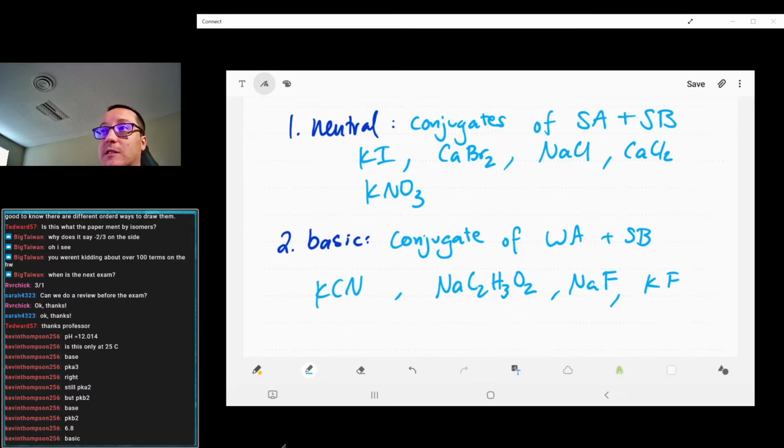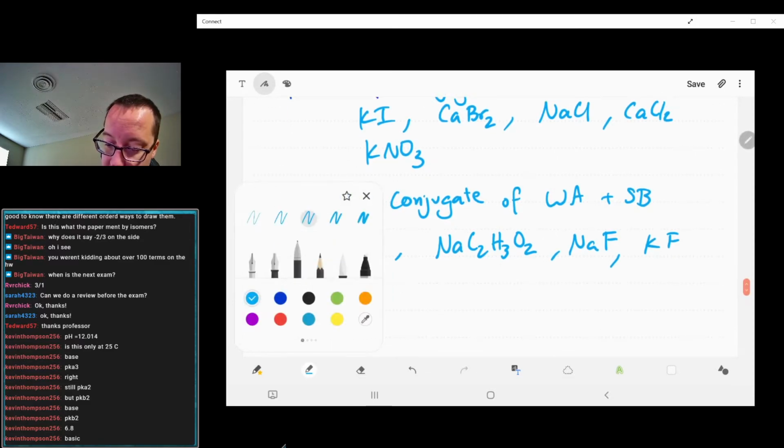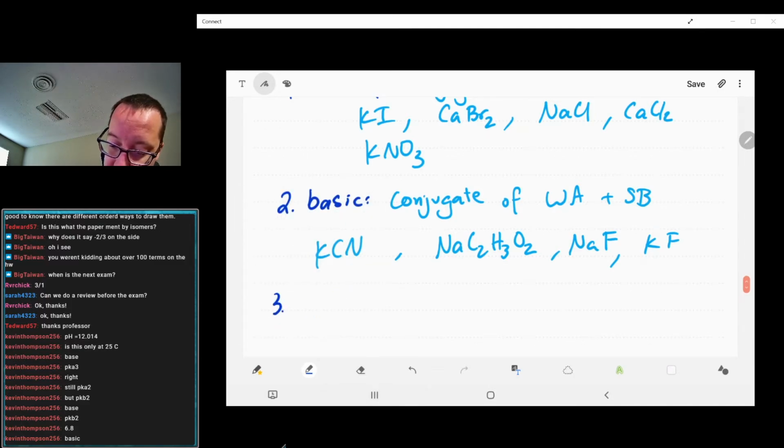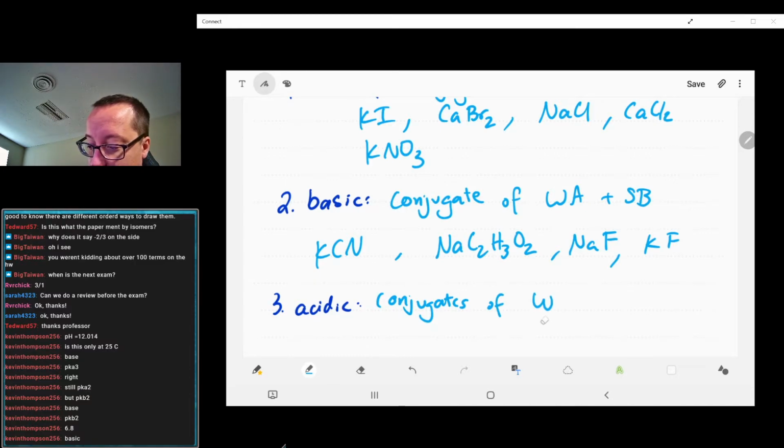So if you put sodium fluoride in solution, you're going to be expecting a high pH because that fluoride will be acting as a base, a weak base. And the sodium will not do anything. You could also have acidic ones, which, guess what, are conjugates of strong acids and weak bases put together.